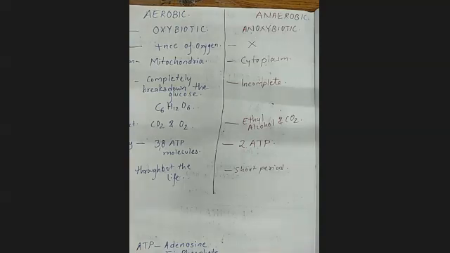Due to that, a lot of alcohol is generated within these muscles, and they get tired. That's why you feel like putting it down as soon as possible. So every muscle in our body also shows anaerobic respiration.